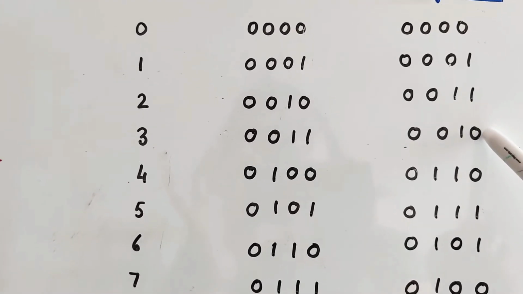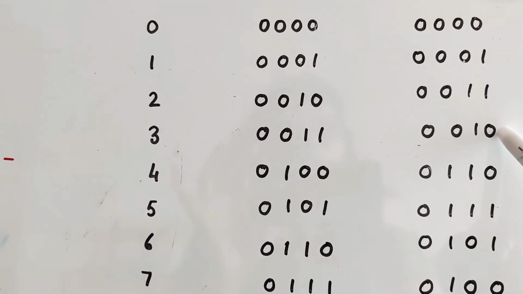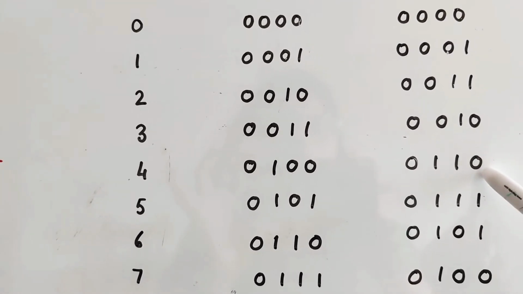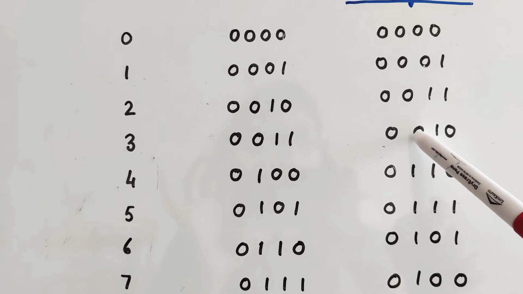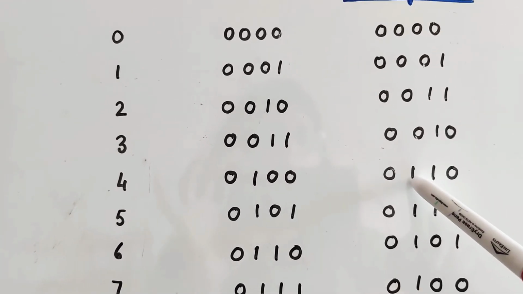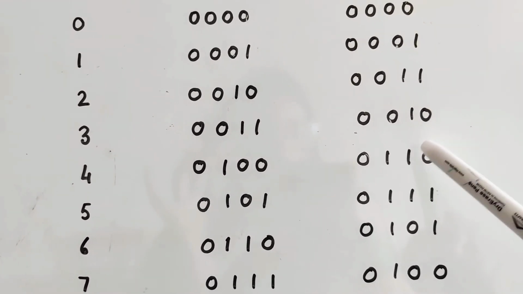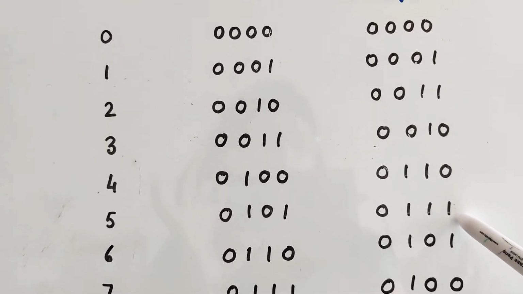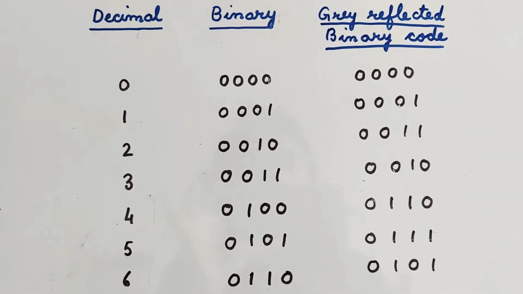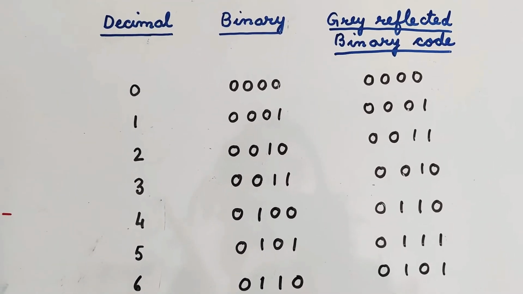Again, if we move from this 4-digit number to the next 4-digit number, we find that only the digit 0 has changed to 1. Similarly, if we move on from this number to this number, we find that only the last digit has changed.